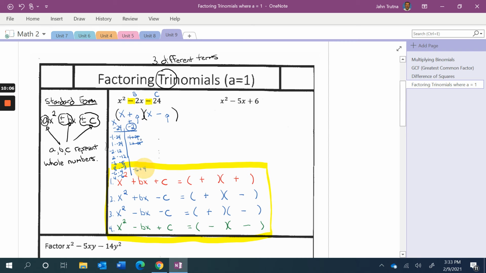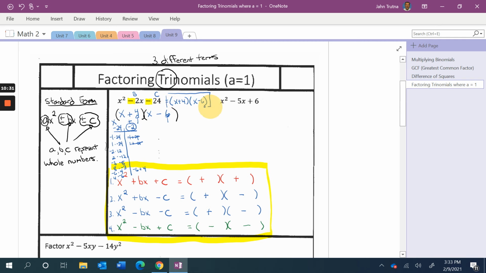Okay, so you have found your two numbers. It's x plus, which number is the plus? 4, and x minus 6. So when I factor the trinomial x to the second power minus 2x minus 24, it would factor into x plus 4 quantity times x minus 6 quantity.